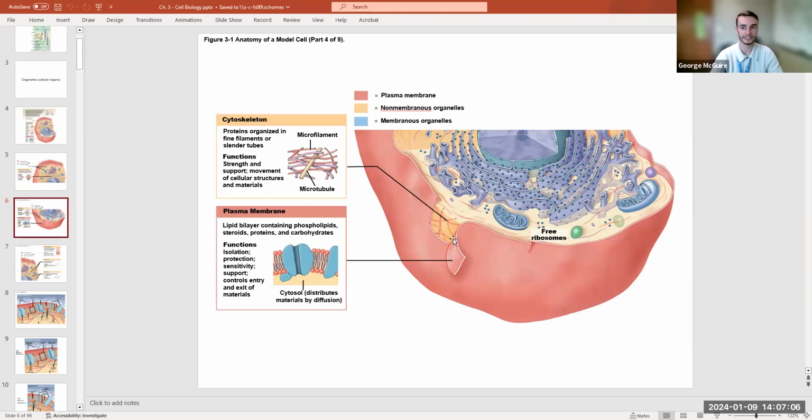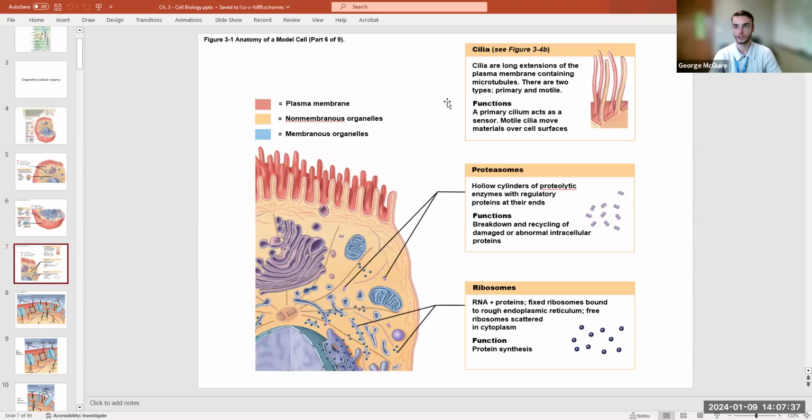But we also have extensions of those proteins that go throughout the cell, giving our cell structure, sometimes extending outside of the cell to communicate with other cells or connect with other cells. And those protein fibers are called our cytoskeleton. So cyto referring to cell. So this is the skeleton of the cell. We don't have bones inside of our cells, but we do have these protein fibers that help give some structure and form to the cell itself.